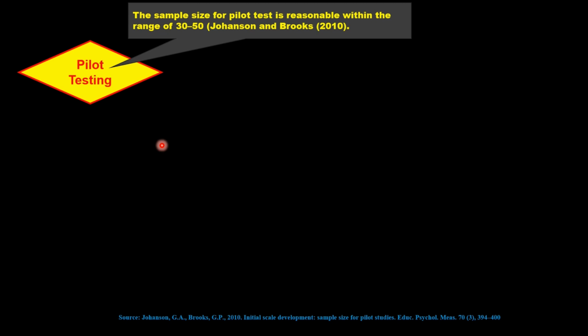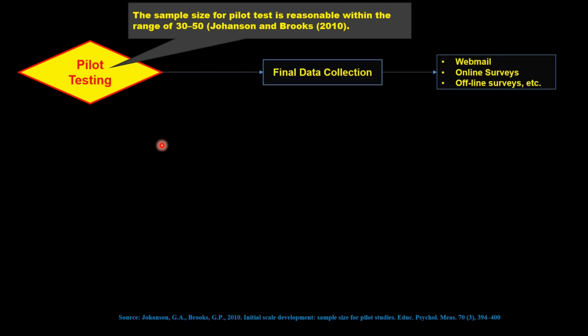Cronbach's alpha is used to measure the internal consistency of questionnaire or test items. During the pilot testing, Cronbach's alpha should be measured and reported in the study. After achieving the acceptable benchmark of Cronbach's alpha, more than 0.7, the researcher should proceed to collect the data.